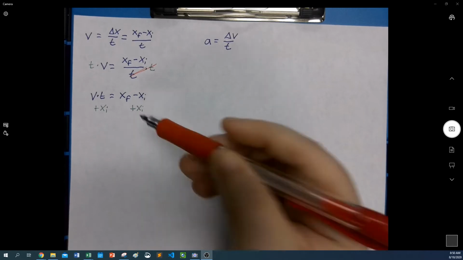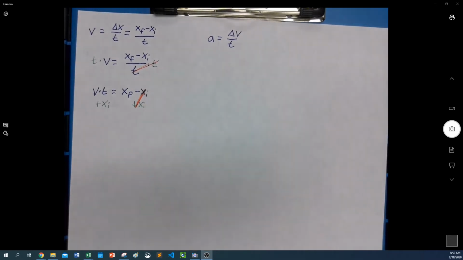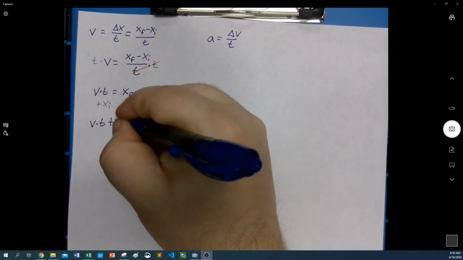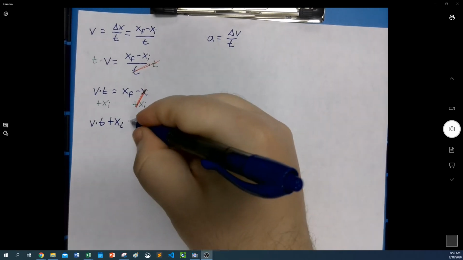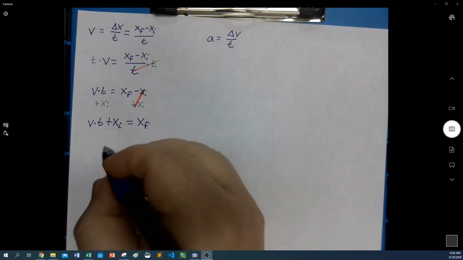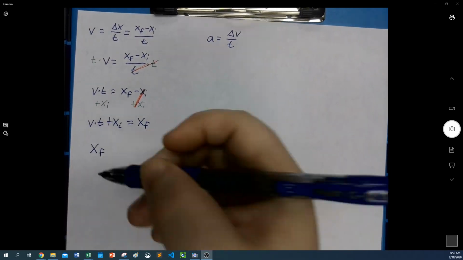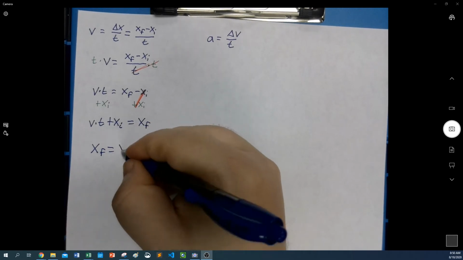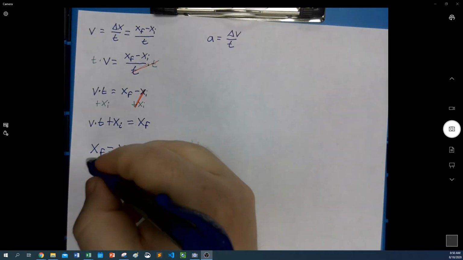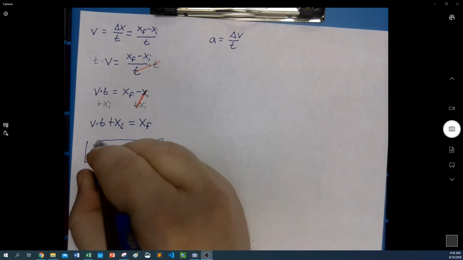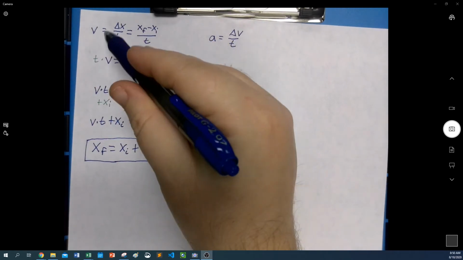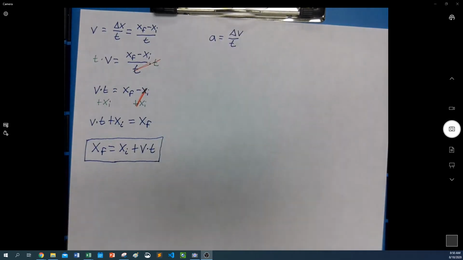Minus xi plus xi cancels out, leaving us with v times t plus xi is equal to xf. I'm now going to flip this around so that we have xf is equal to xi plus v times t. So this is the exact same thing as this. All I did was just do some algebra on it.